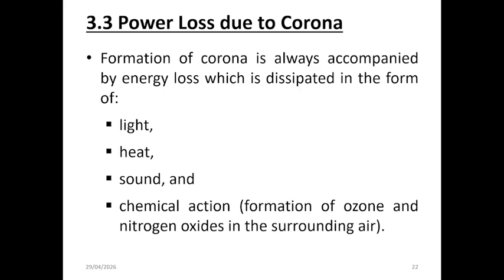Okay, power loss due to corona is an important consideration in the design and operation of overhead transmission lines. When corona is formed, electrical energy is continuously consumed in ionizing the surrounding air. This energy is not transmitted to the load but is instead dissipated into the environment in different forms.